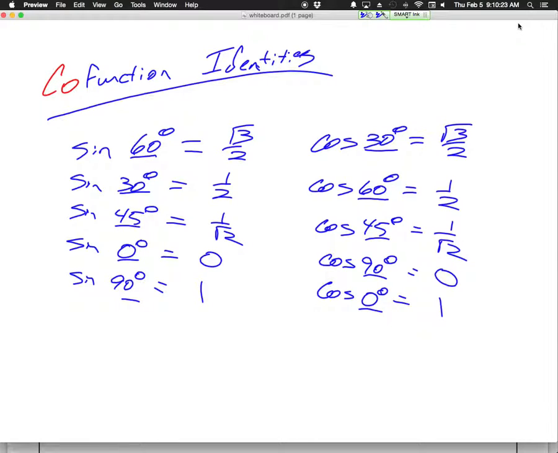So cofunctions are equal to each other when their angles add up to 90 degrees. So that means sine of 15 degrees is equal to cosine of 75. Is that always true? It is always true. Cofunctions are equal when their angles add up to 90 degrees.